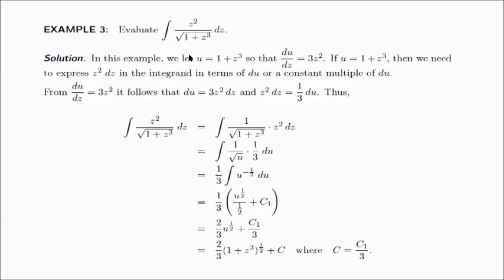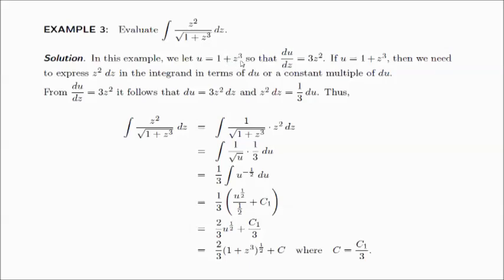Okay, example number 3. So we have this integral ng z square over square root of 1 plus z cube dz. Ito class yung u niya is 1 plus z cube. So yung derivative ng u kasi is magiging 3z squared dito class.